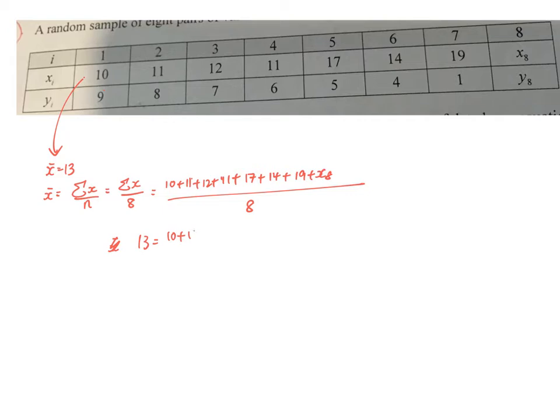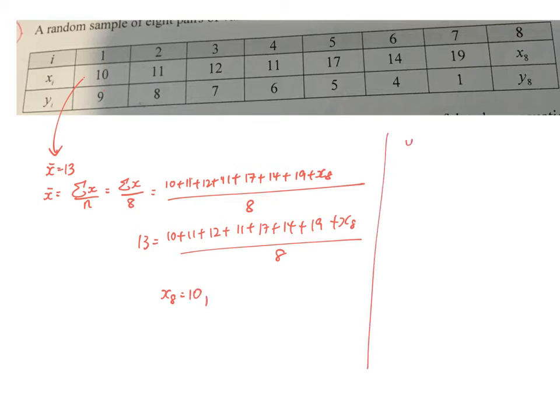So it's 10 plus 11 plus 12 plus 11 plus 17 plus 14 plus 19 plus x8 over 8. Alright, so solving this equation, x8 is just equal to 10.